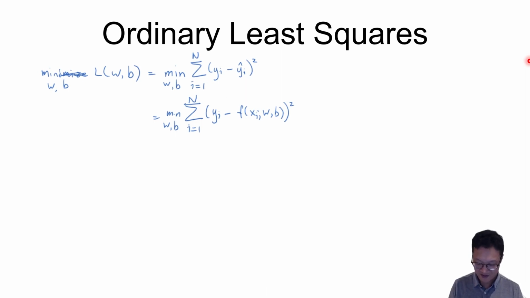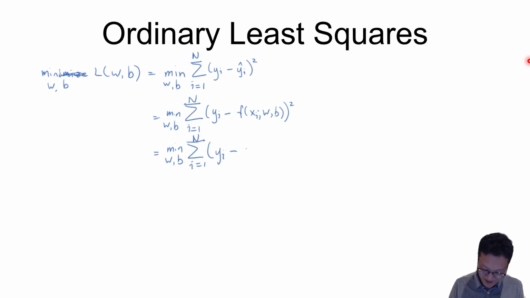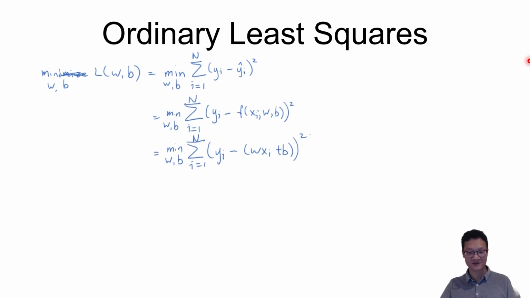Then we subtract the desired output yi from this f, and we square that. In our particular case, we have chosen a linear model, so it's yi minus (wxi plus b), all of that squared.